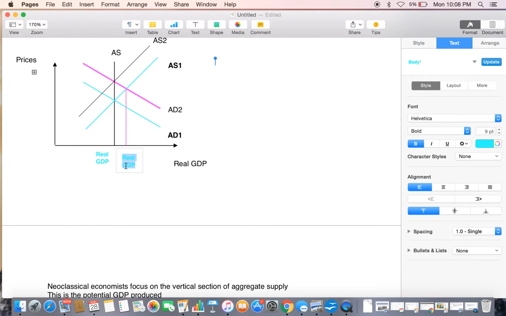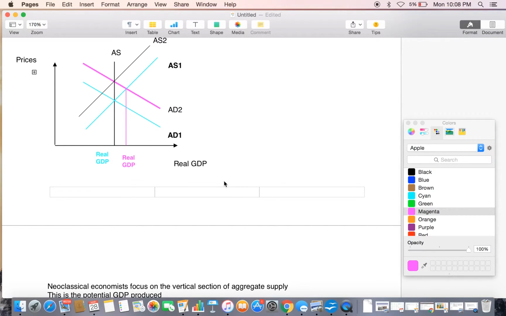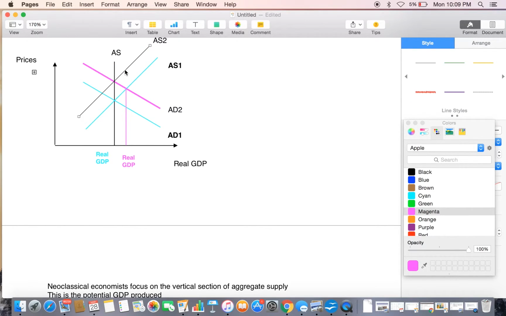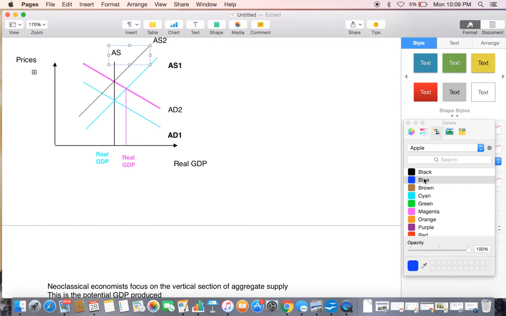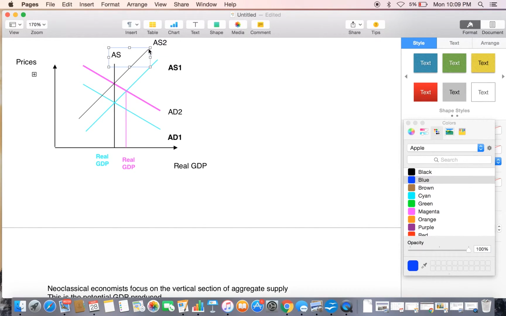But it won't happen for very long because prices for labor will increase, and when wages, the input labor price, increase, this will shift our aggregate supply curve to the left because labor is an important component of the cost of production. So aggregate supply then shifts back up and to the left, and we will be producing the same level of real GDP, but at a higher price.